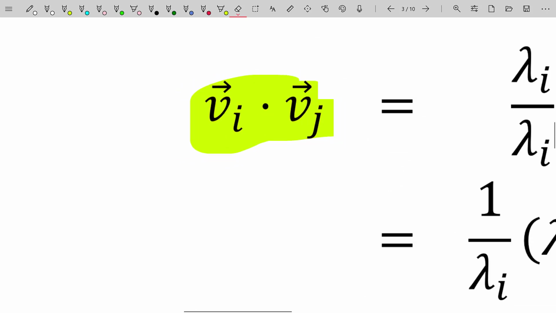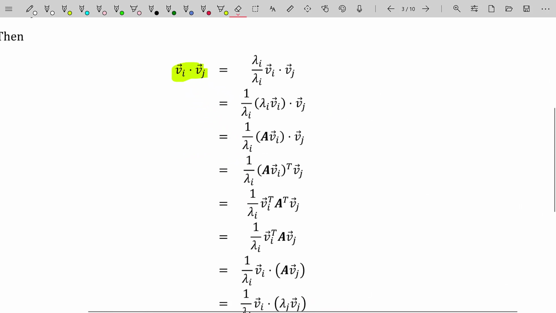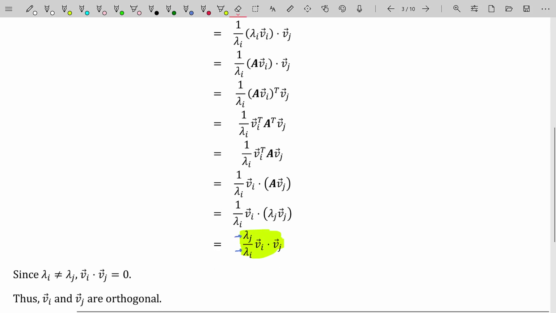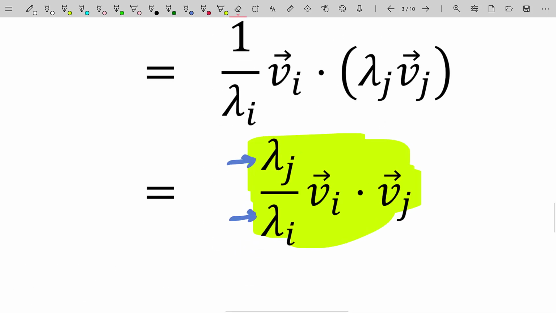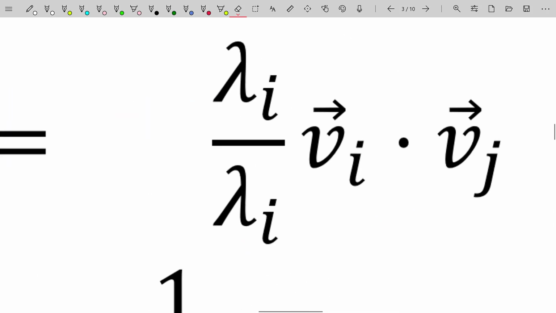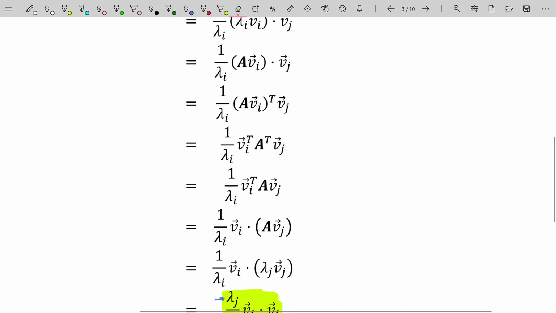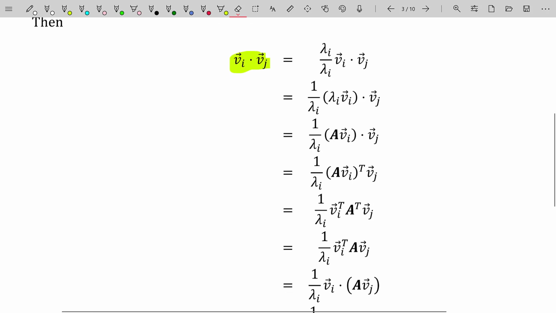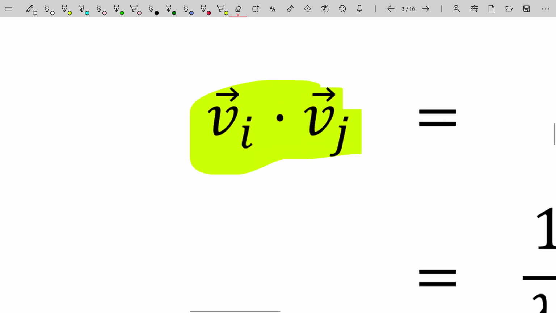And then you fix it and you say, okay, fine, but what if lambda sub i is 0? Well, that causes a problem, right? Or does it? Because if lambda sub i is equal to 0, I would just rewrite this entire proof starting with lambda sub j divided by lambda sub j, and in the end, we would get to lambda sub i over lambda sub j, and if lambda sub i is 0, then that numerator would be 0, and again, the dot product would have to be 0, and therefore those vectors would have to be orthogonal.